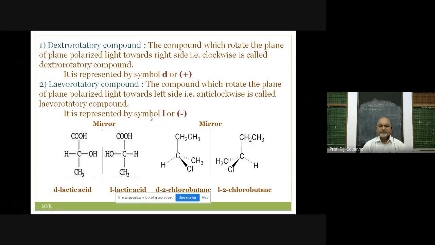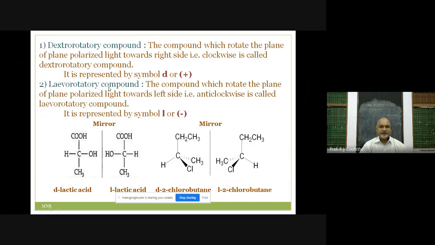It is represented by a small l, and a negative sign. So dextro is right-hand side, clockwise, small d, positive sign. Levorotatory means left-hand side, anti-clockwise, small l, negative sign.